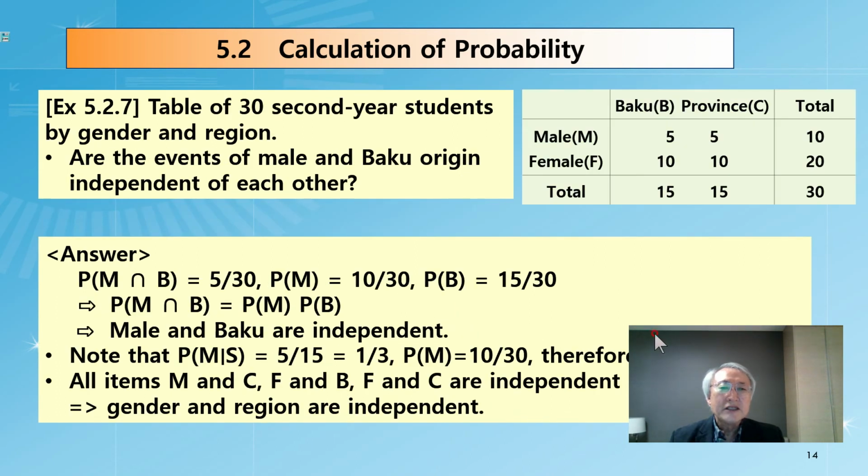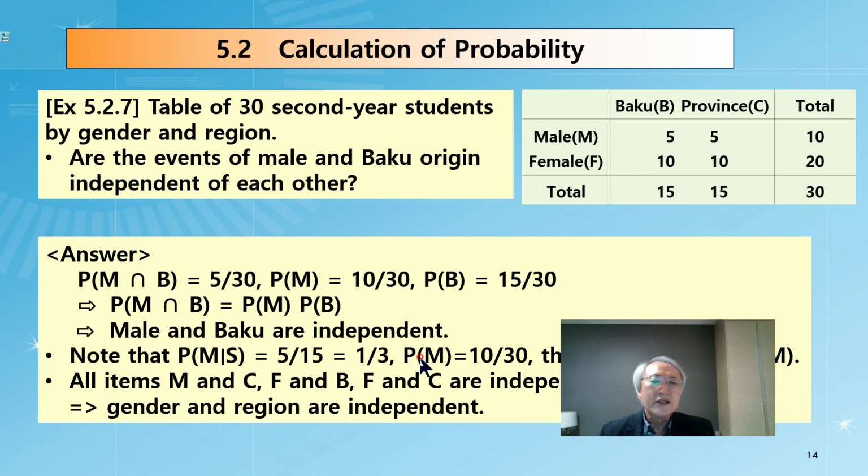Here's another example related to this topic. Consider this table. It is a similar table to the previous one. There are 30 students, but the distribution looks different. I mean, out of 30, half are from Baku and half from the province.